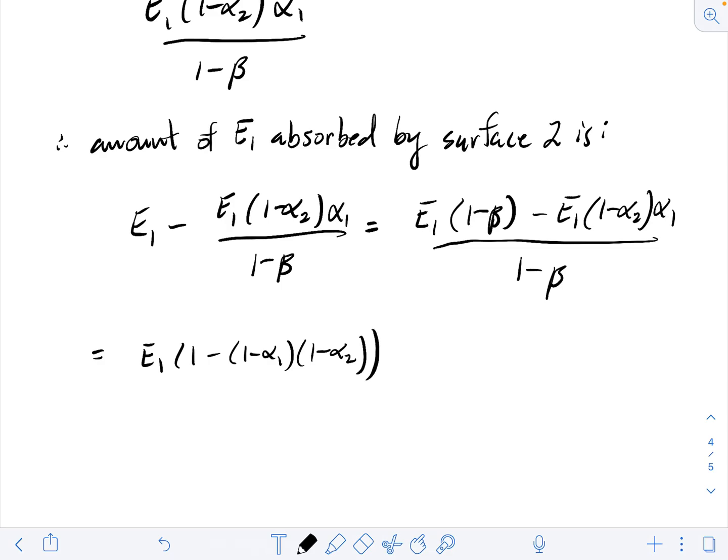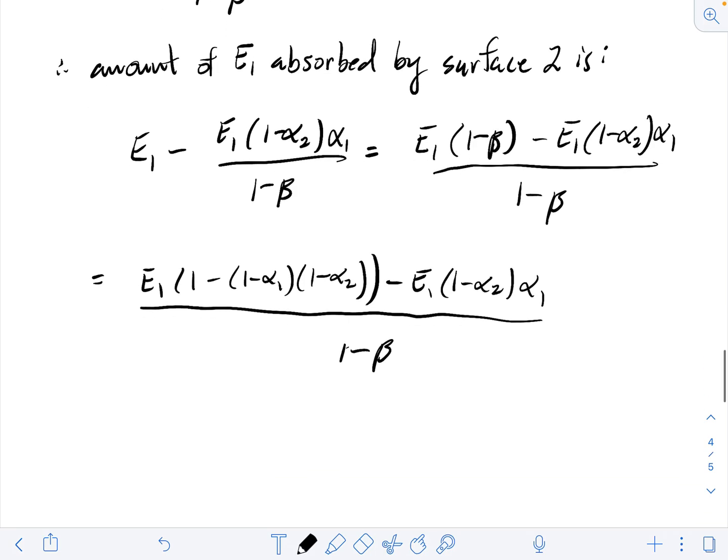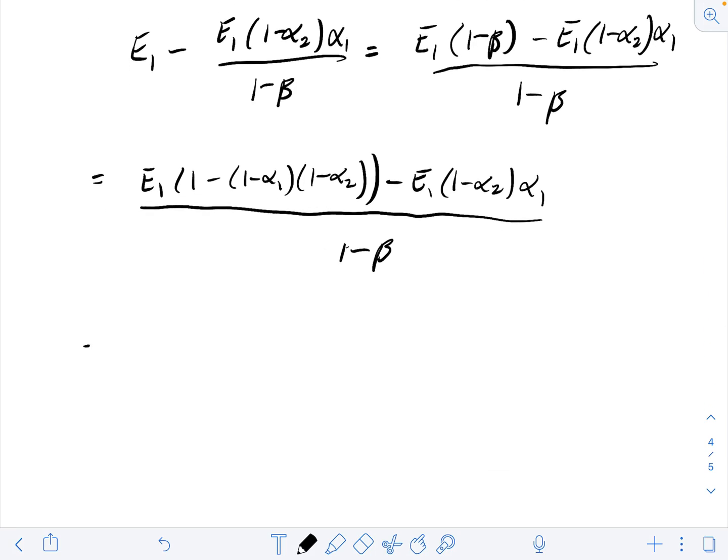Beta was 1 minus alpha 1 times 1 minus alpha 2. And then we have minus E1, 1 minus alpha 2, alpha 1. And we'll just leave beta as beta in the denominator. Okay, so let's write out some of these terms. So it's E1 times 1 is 1. And then we have minus E1.